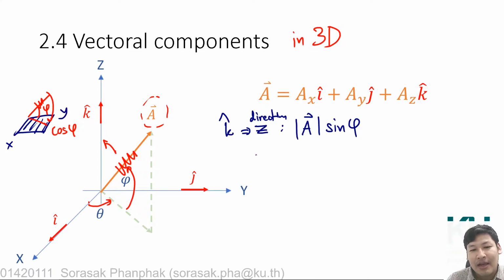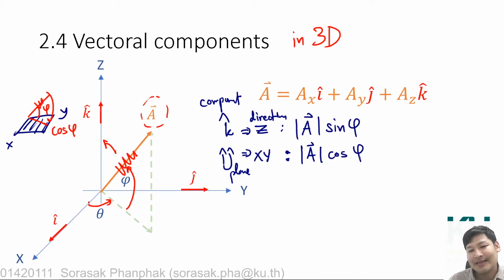So that means in the xy plane, you got the value of this vector's components. These are components in the ij plane. That's it, A cos psi.